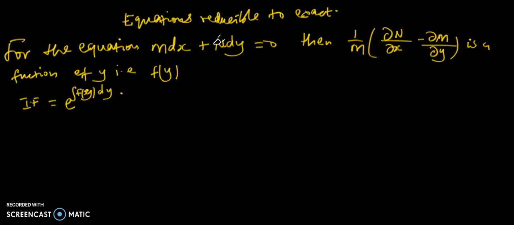It will be the exponent of the integral of f of y dy. So let's take a question and try to see whether it is exact, and if it is not, we go ahead to solve the exact differential equation.